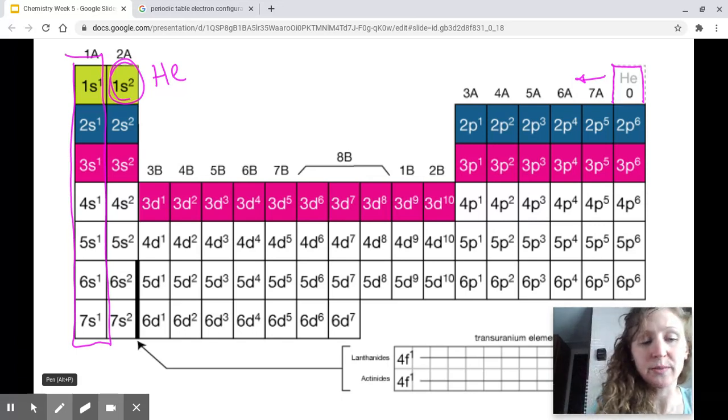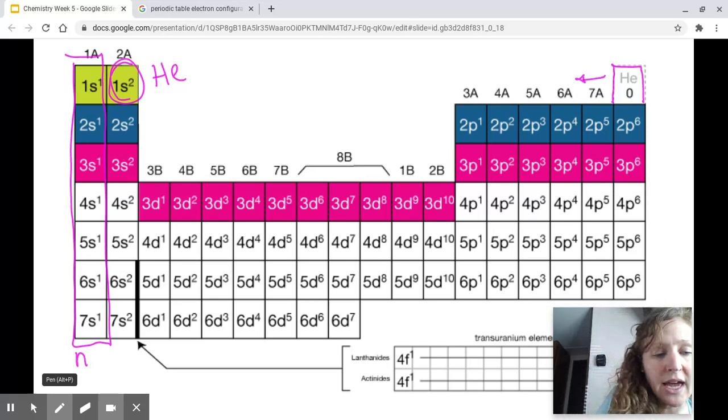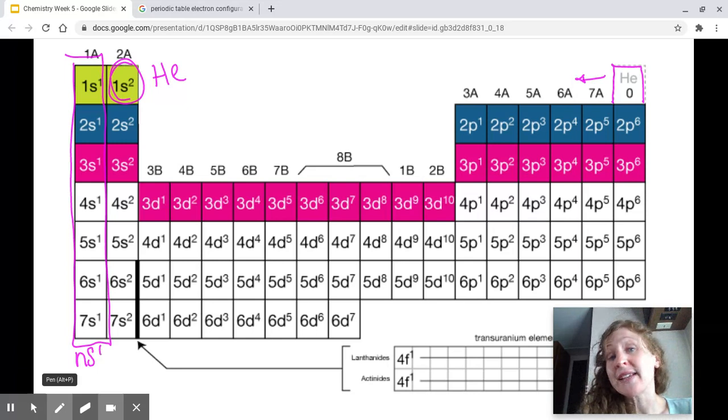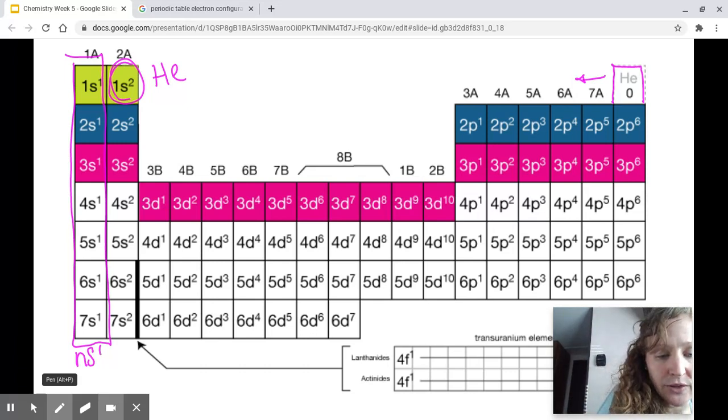This whole first family ends with an electron configuration that starts with some number. I'm going to put N instead of some number, and then an S, and then a 1. So that's how we can represent this family. We can represent it with kind of a code. Instead of putting the energy level 1, 2, 3, 4, 5, 6, 7, we can put an N, and that way that code represents the entire family. So this family is actually called the alkali metals.